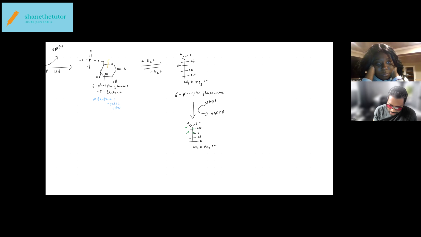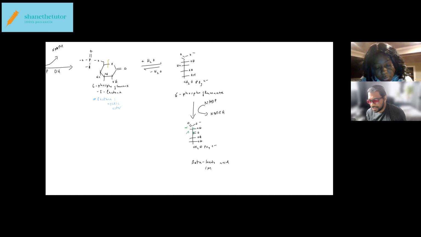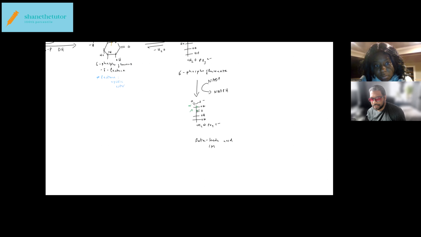And then we also have the acid in the first carbon, the carboxylic acid. So this is our beta keto acid intermediate. So that's what we have there.